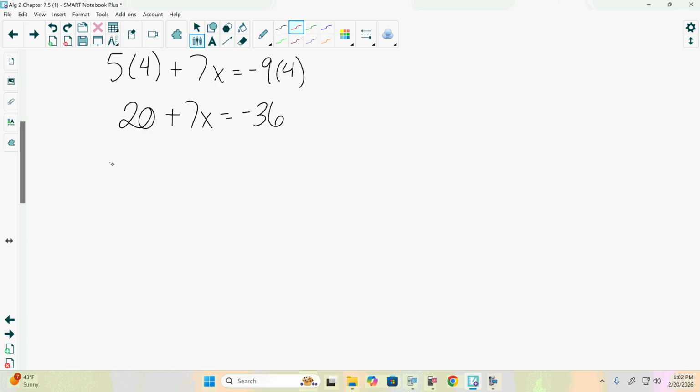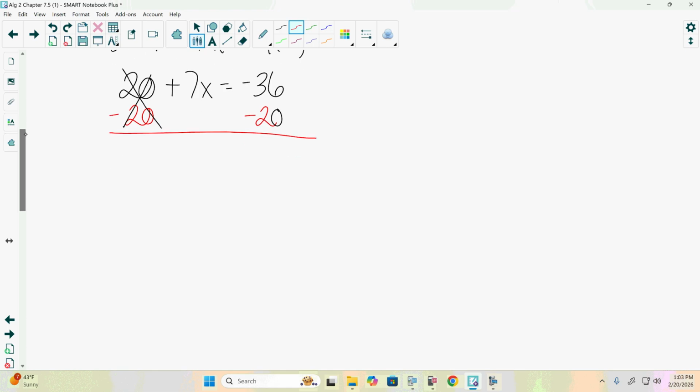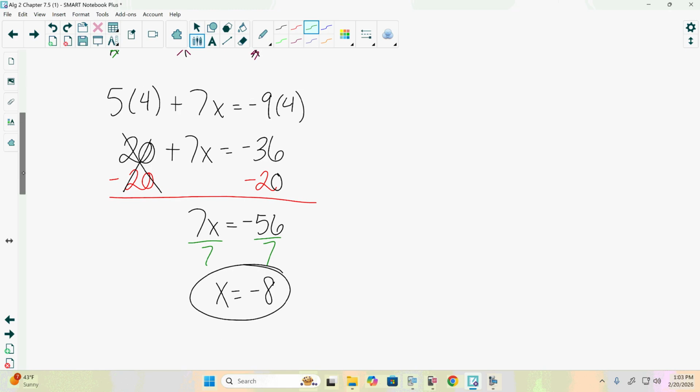The first thing we need to do to solve for x is to subtract 20. 20 minus 20 is 0. Negative 36 minus 20 is going to be negative 56. And last but not least, we would divide by 7, telling us x is equal to negative 8.